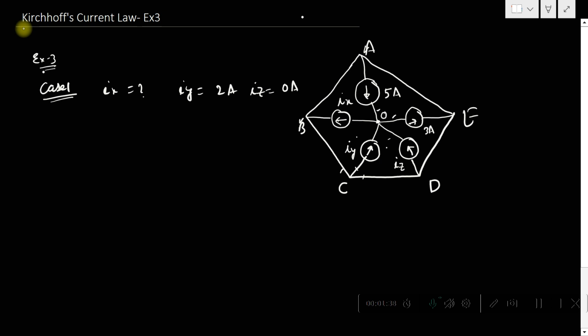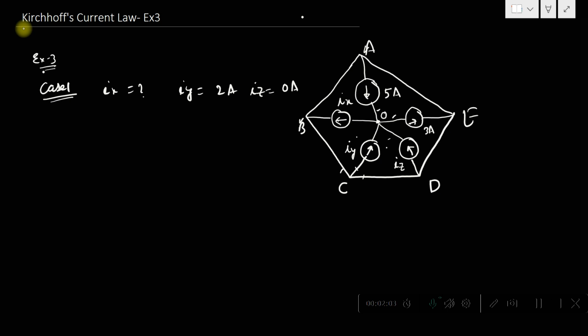Okay, now we need to find out the current Ix when Iy and Iz are given. So how many possible nodes are there? 1, 2, 3, 4, 5 nodes plus 1 at the center, 6 nodes. Which node should we apply the KCL at? That should be our first goal to figure out.